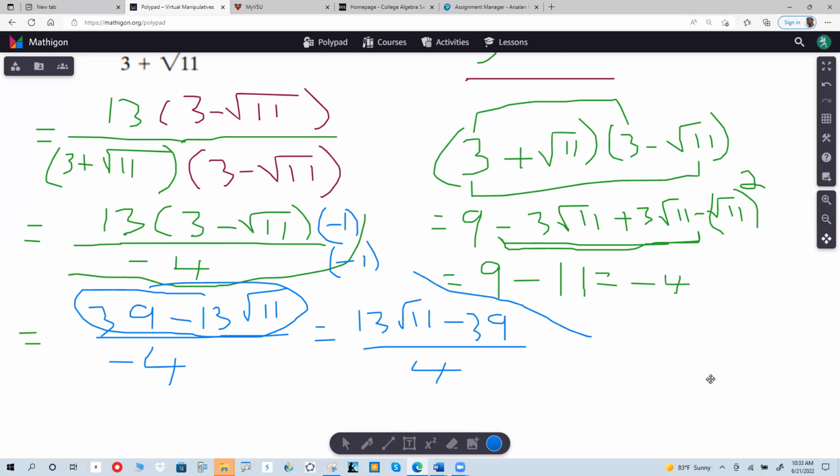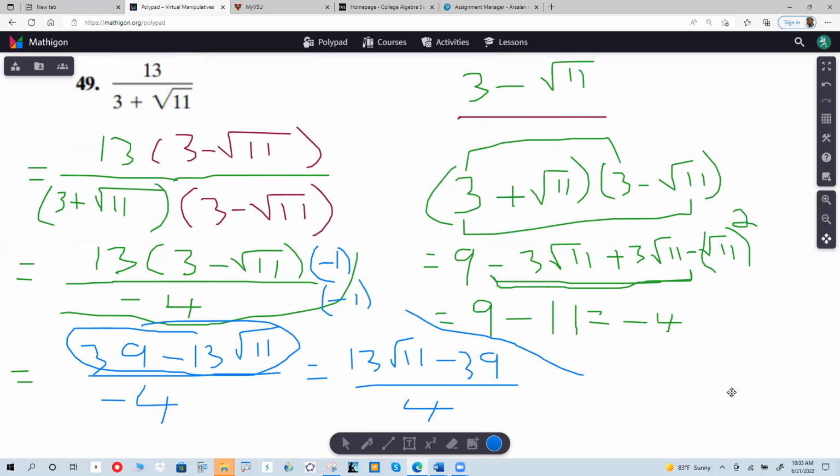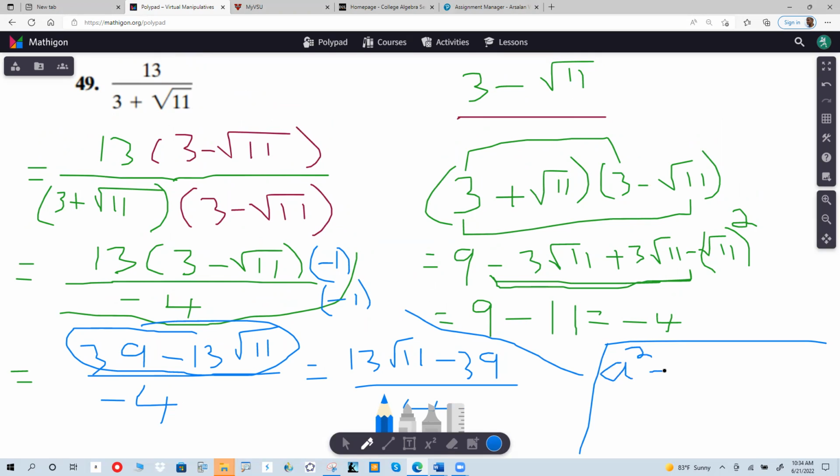But again, everybody else, if you want me to say, I don't get what you did there, I'm going to give you guys a couple of minutes to process it. My green stuff here is foiling, okay? And just a little bit of while you're processing it, remember we learned this today.